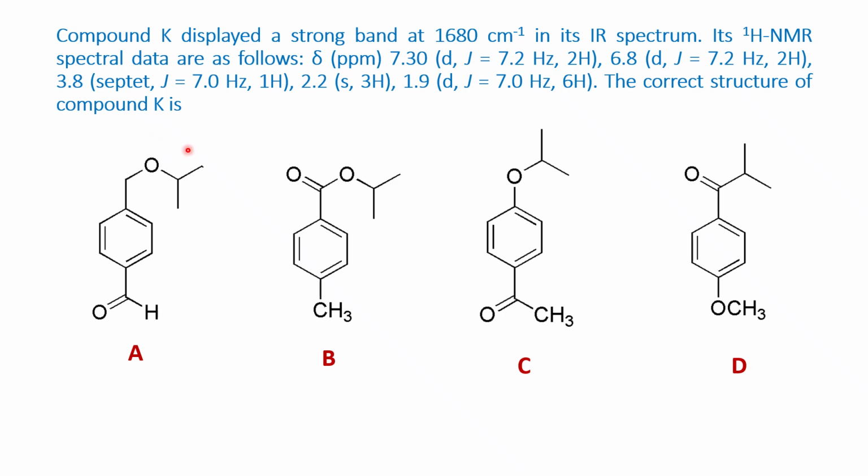So we will see some data pertaining to where these kinds of functional groups will be seen in an IR spectrum. And then we'll also see what the value J means and what we can interpret from these data that are given here. And also we obviously know that the chemical shift value is a characteristic value of a proton of a particular type. So we will look into all these basic informations, and then we will solve the four options here to find out which of them is the correct answer.